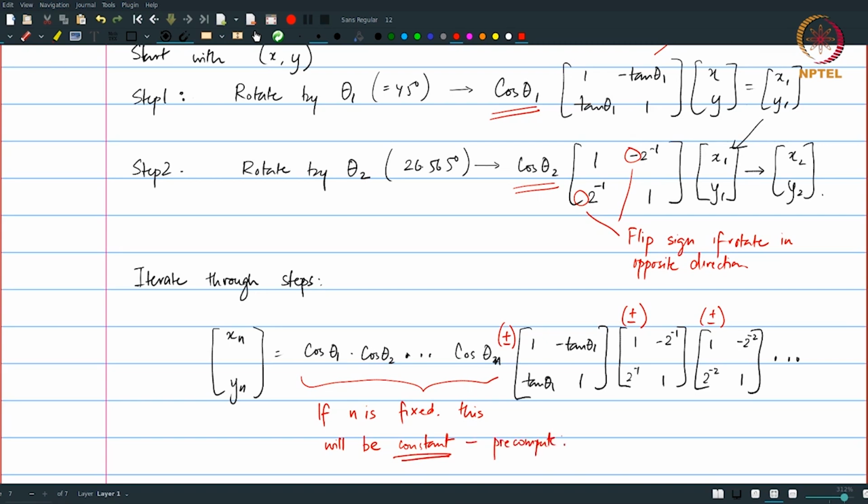It will be a function only of n and not of the sequence of positive or negative rotations that I follow. This basically allows me to pre-compute a certain coefficient and say that by rotating by each of these individual angles, I can end up getting the final value xn yn, which is an ultimately rotated version of the original xy that I started with.